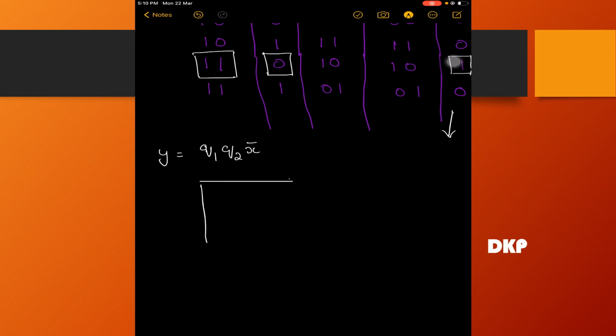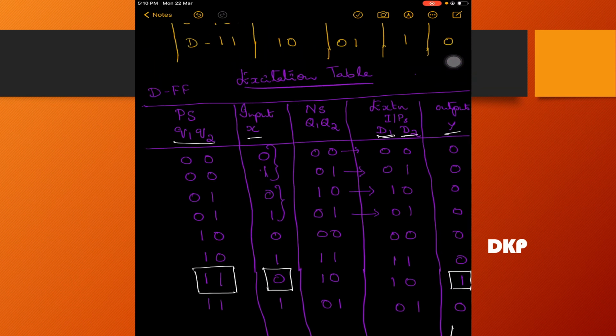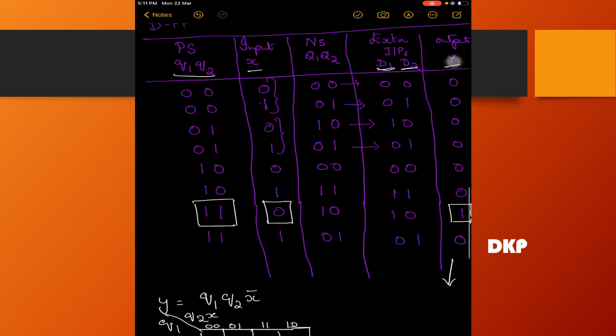So, let us draw a K-map for D1, which consists of 8 cells, Q1, Q2, x, with 0, 0, 0, 1, 1, 0, 1, 1, and 0, 1. Now, you have to place the ones here in the corresponding cells. See here and place the ones, that is 1, 1, 1.